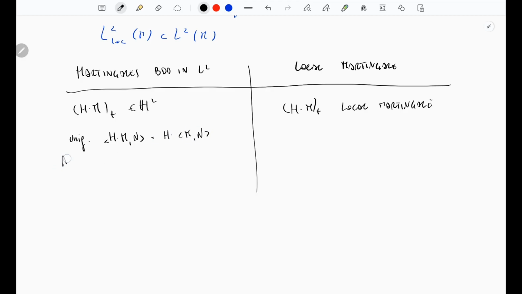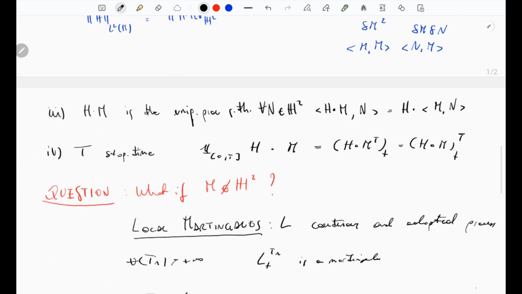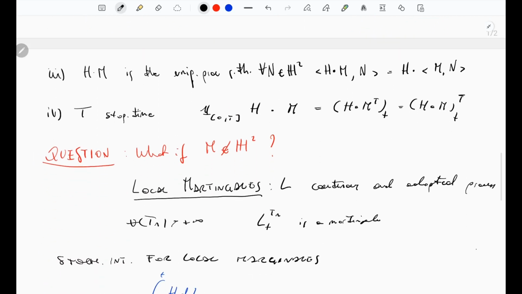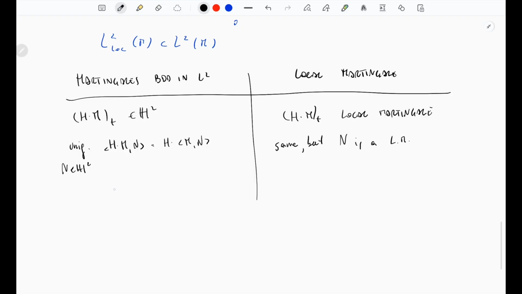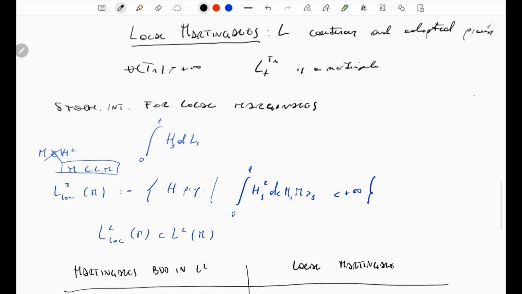However, here N is in H2, here the same, but N is a local martingale again, and then 4 holds, okay? Just the same, because you only care about stopping.